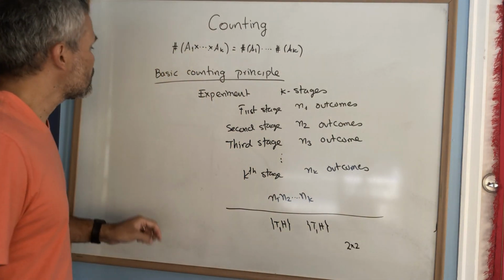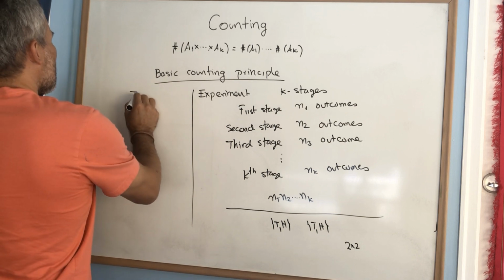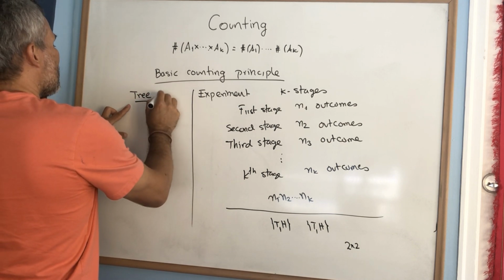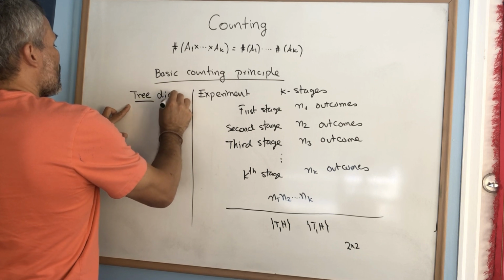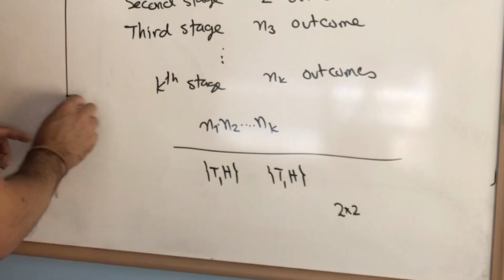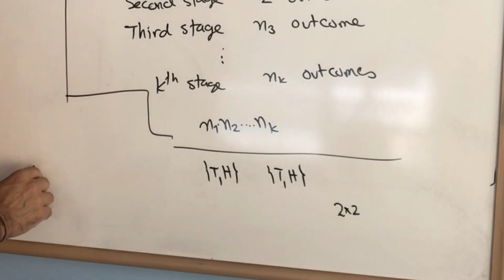Sometimes it's very useful to use a tree, called a tree diagram, to represent these experiments. For example, for this experiment of tossing a quarter and a dime, we can draw this.